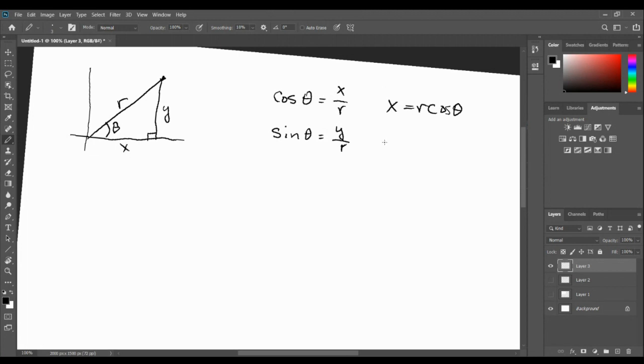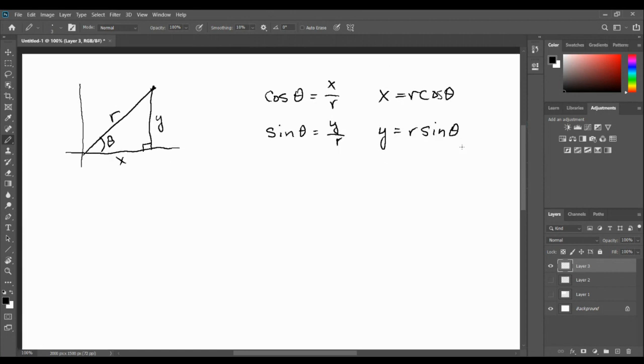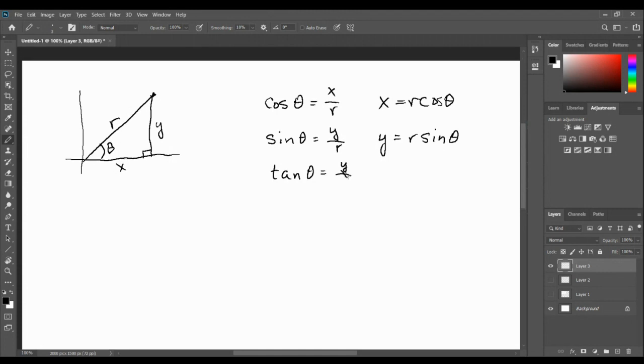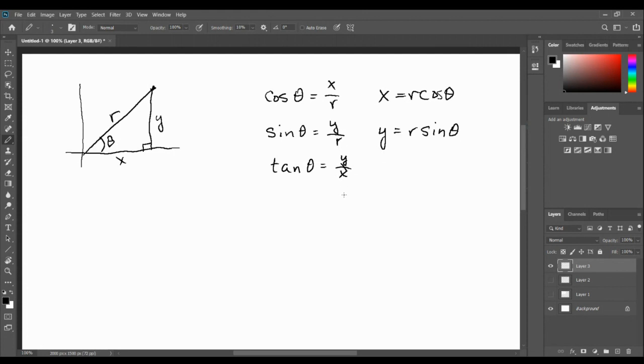Multiplying both sides by r, we see that y equals r sine theta. And we also looked at tangent is y over x. And so we've got those relationships in place, and those will help us.